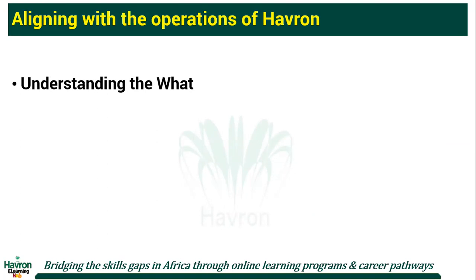There are times we will pick out a course or a program, and then we launch it out. So the programs that we launch out, the ambassadors should understand what programs these are, what kind of programs they are. So it's important that they align with what we are doing to understand.